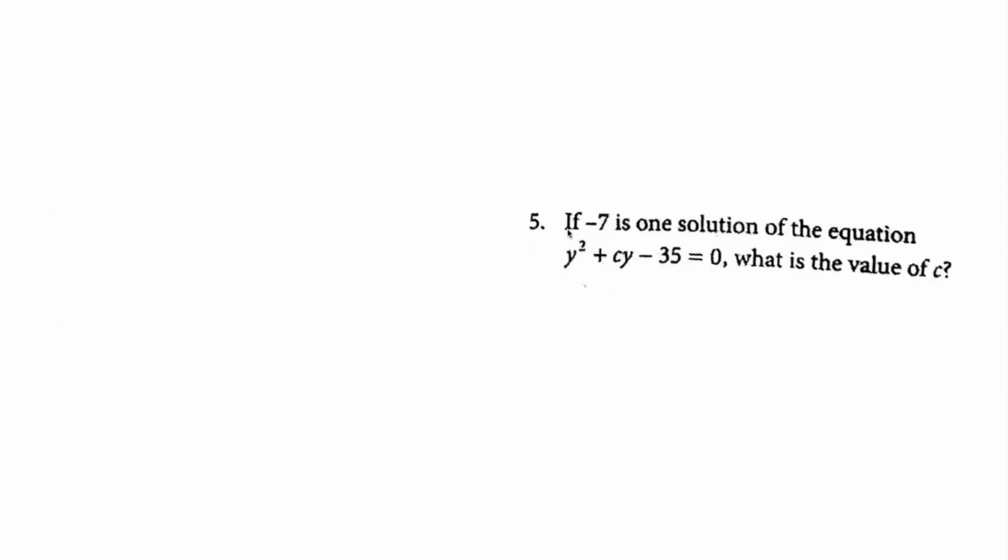In question 5, they say minus 7 is a solution of the equation. Solution means it's one of the roots. We say solutions, we say roots, we say x-intercepts, we say zeros. They all are the same thing.